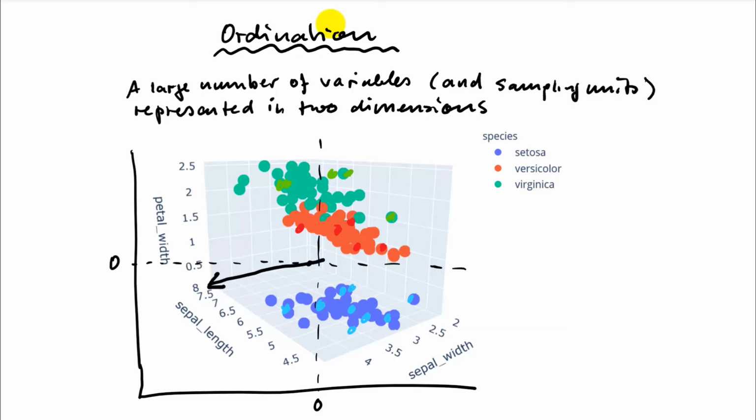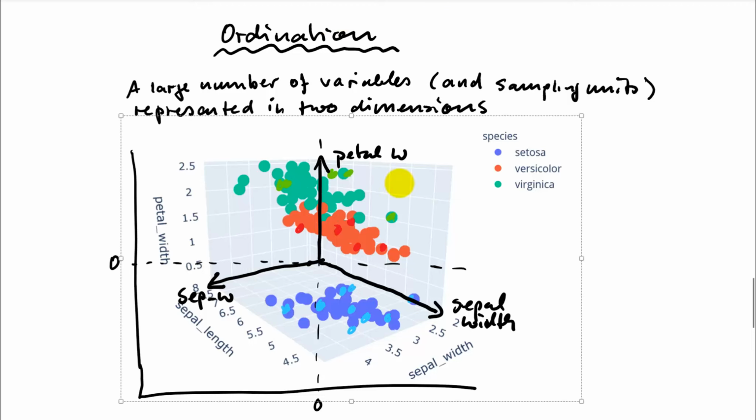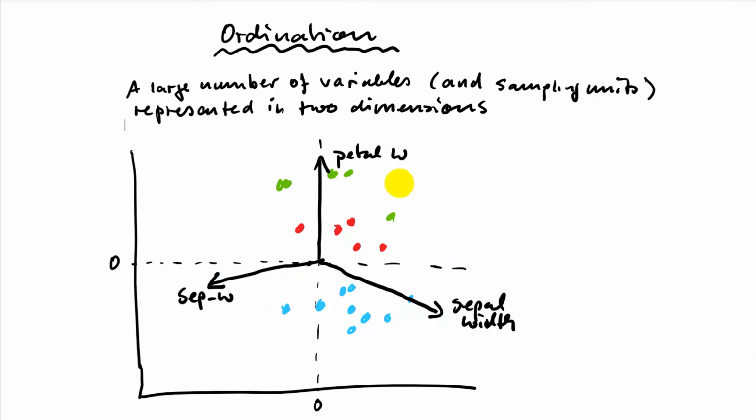That one was sepal width. So I'm calling this sepal width, and this one here, that is my petal width, and that one here is my sepal width. Very nice. And now I can delete this, and I have a proper ordination.